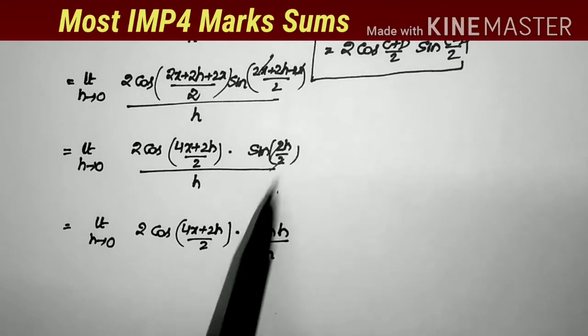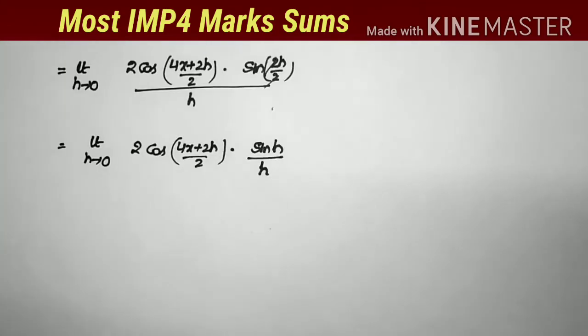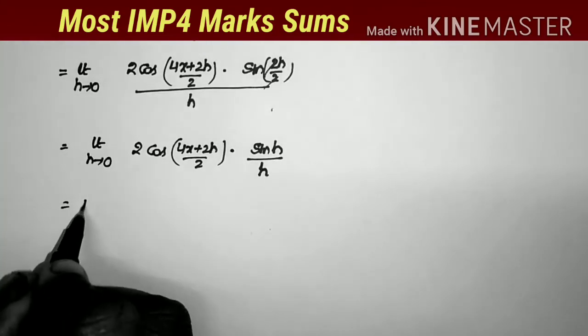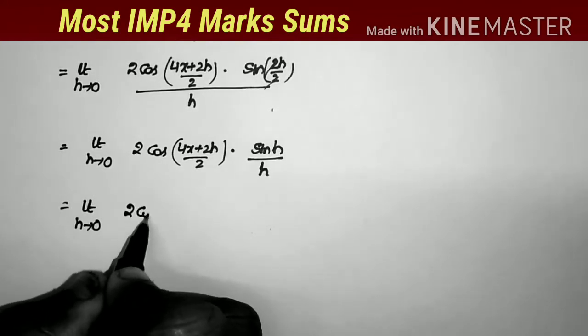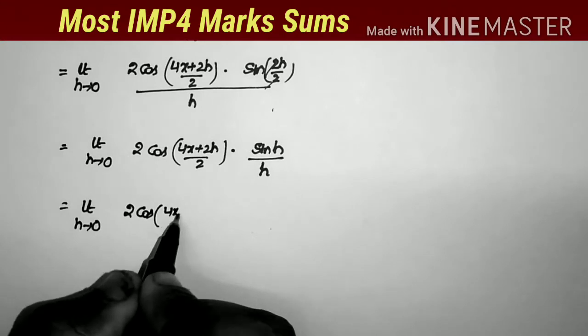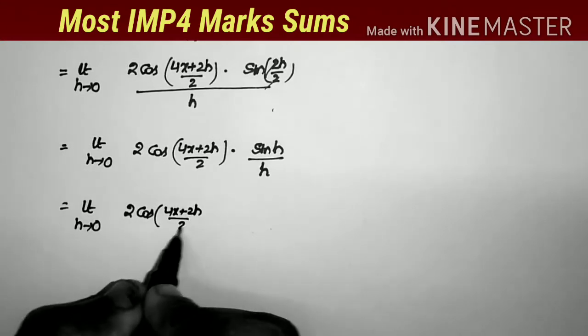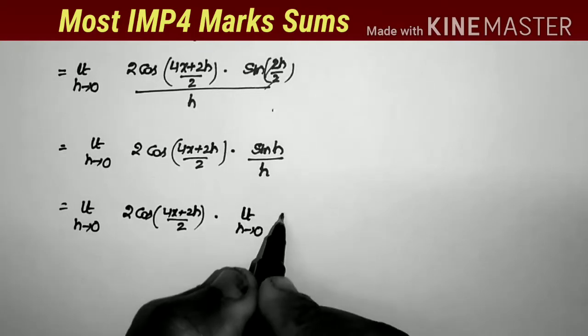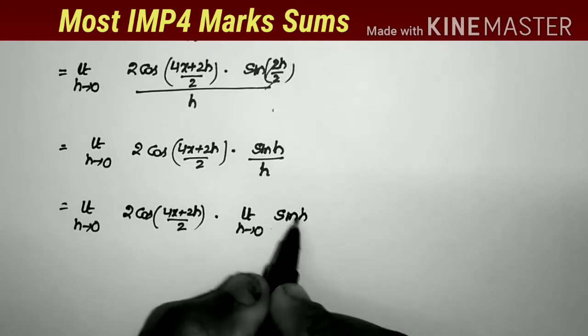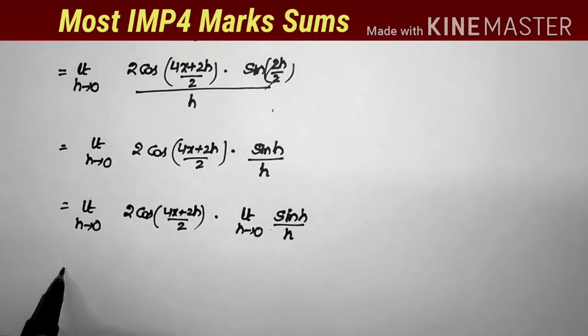First part into second part with denominator. Now separating the limit value, this is equal to limit h tends to 0 of 2 cos of 4x plus 2h by 2, into limit h tends to 0 of the second value, sine h by h.